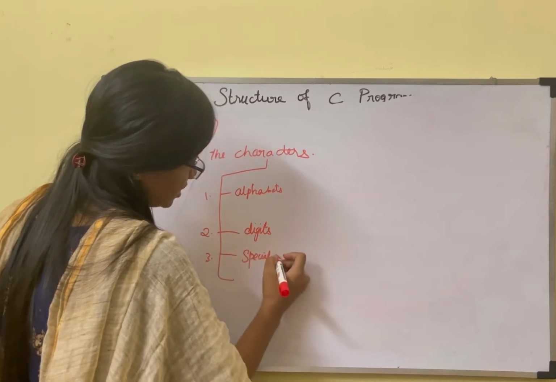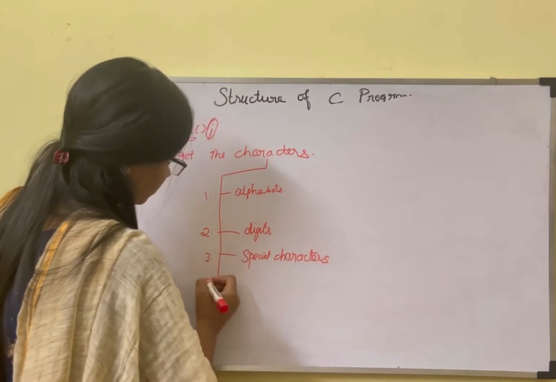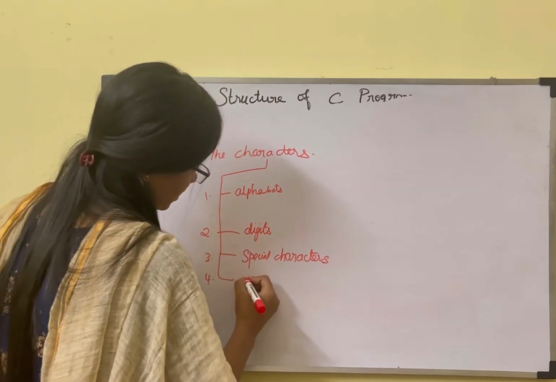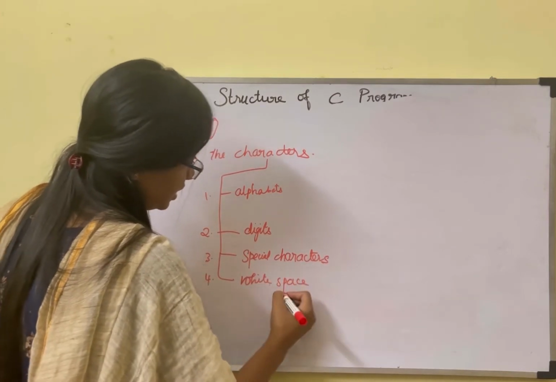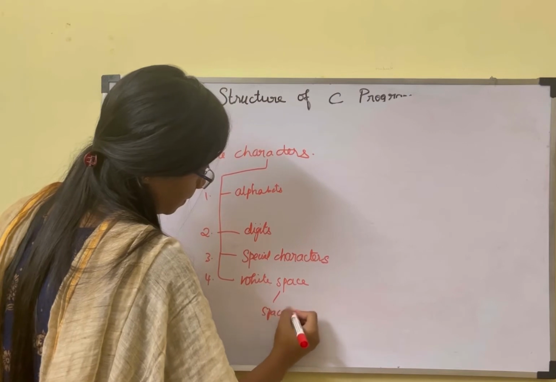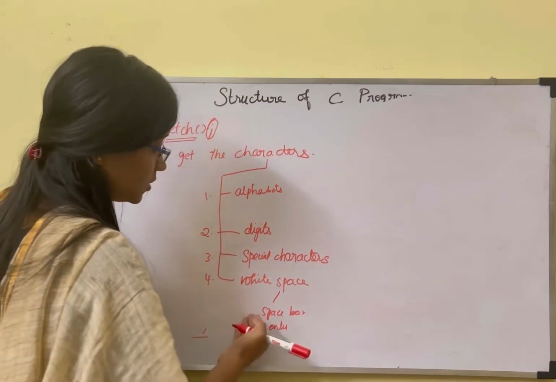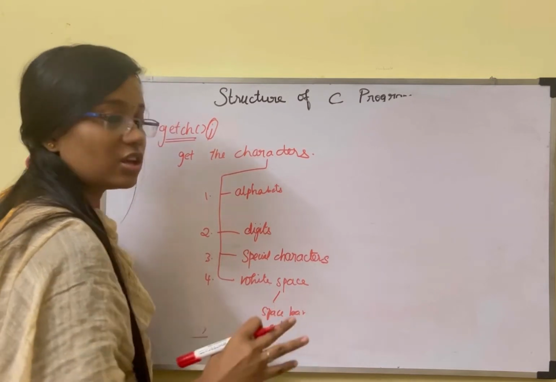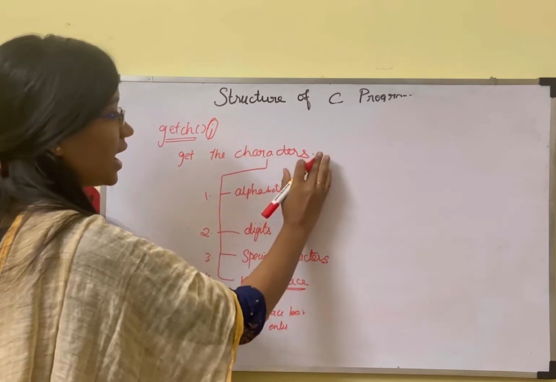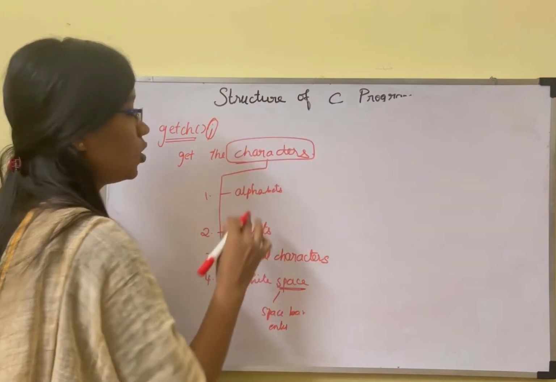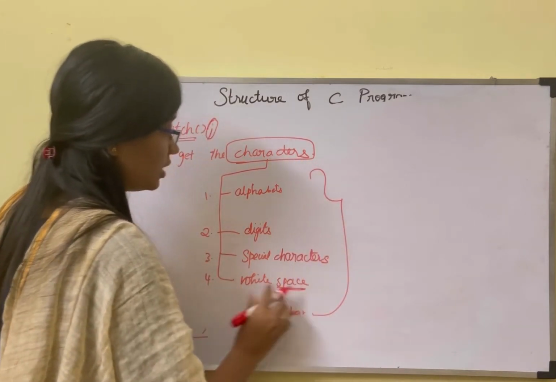Here we will refer to special characters as all the symbols in the keyboard. Then is the white space. White space means the space bar, enter for the next line, space bar, next line, everything, whatever we use for the space comes under these characters. Get the characters.